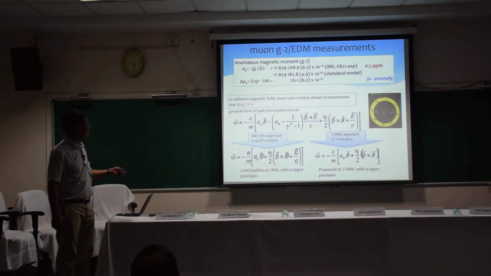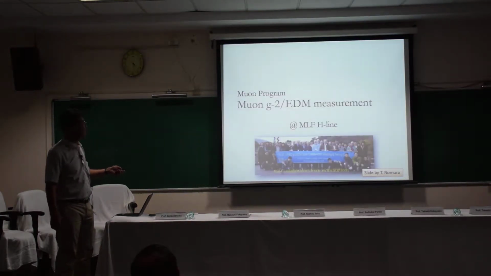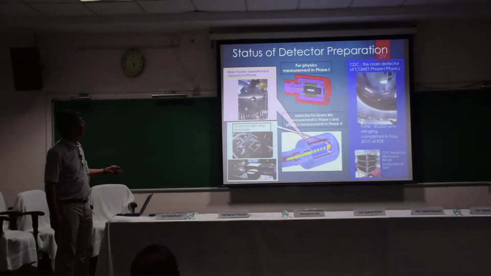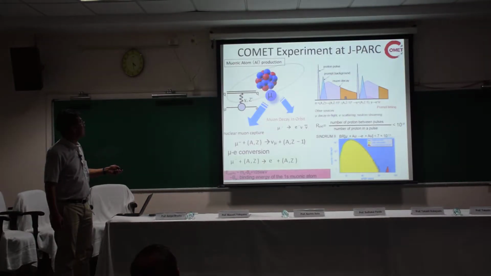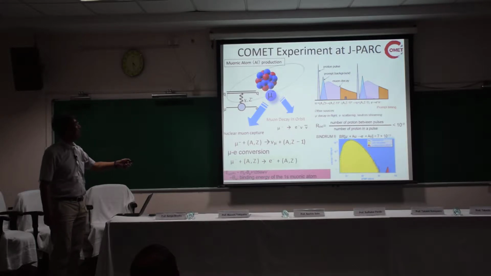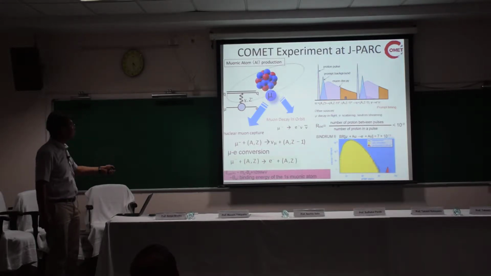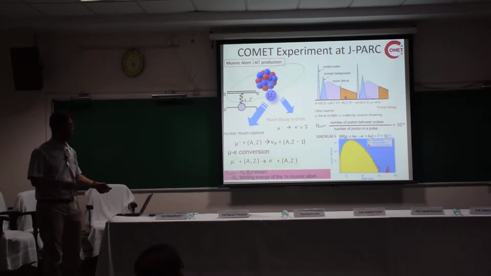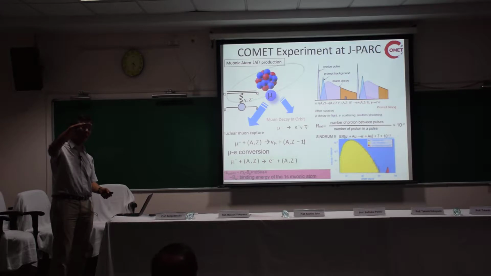This is also a lepton flavor violation experiment. The COMET experiment is happening at J-PARC to search for this mu-e conversion, lepton flavor violation, and it will improve the current upper bound by 4 orders of magnitude.